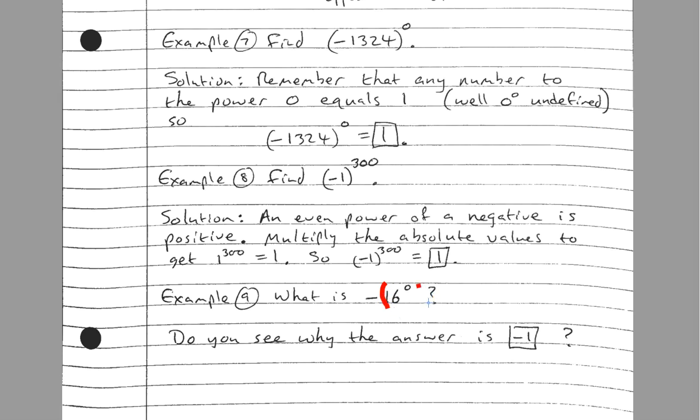So it's like we have this situation: 16 to the power 0 is 1, and then the opposite of that is negative 1. Alright, so this is another tricky case. If it was negative 16 in parentheses to the power 0, the answer would be 1, but no parentheses here, so it's just 16 to the power 0, and then the opposite of that.